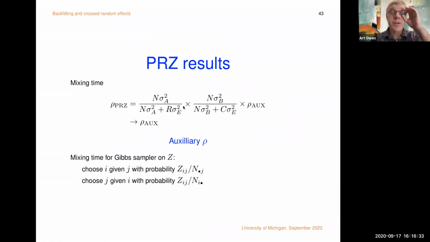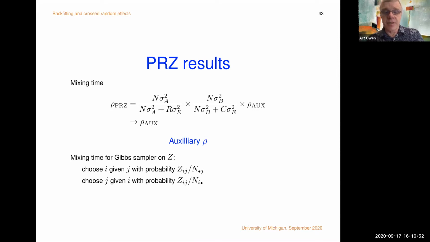Let me say a little bit about the results from PRZ. They show that the mixing time is this quantity, which for us is 1 because n is way bigger than r, times this other thing, which is also 1, times an auxiliary mixing time.